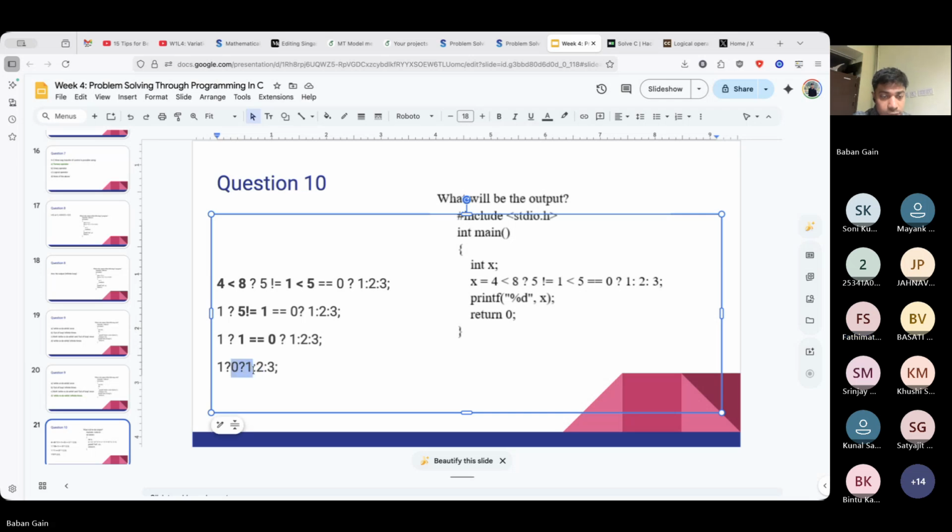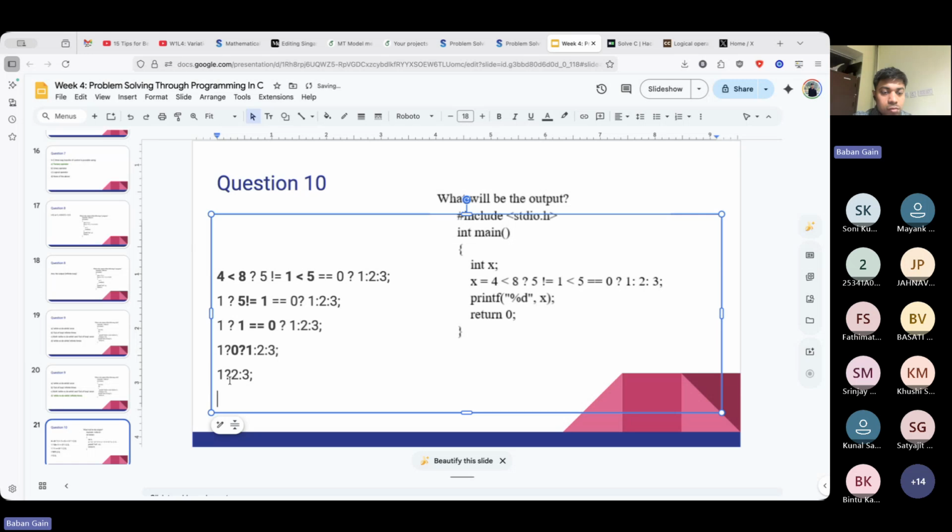So the answer must be 2. Is the answer 1? No, the answer is not 1. The answer is 2. Okay. The answer is correct. So did anybody else come up with the same answer with different steps?